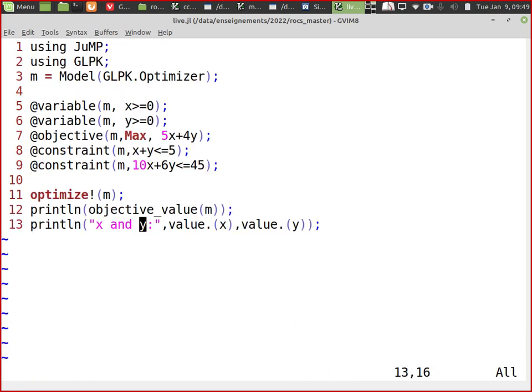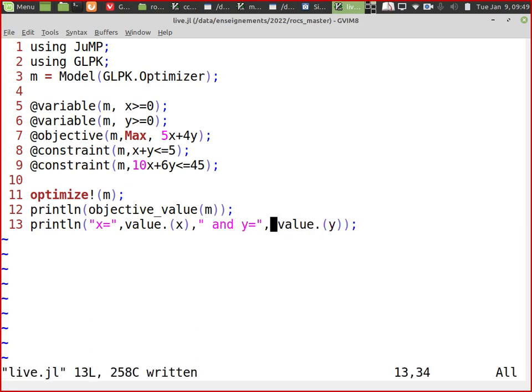I will write it this way. X is this, you follow me, and y, it's only the way I print it, okay? And I will execute it again.